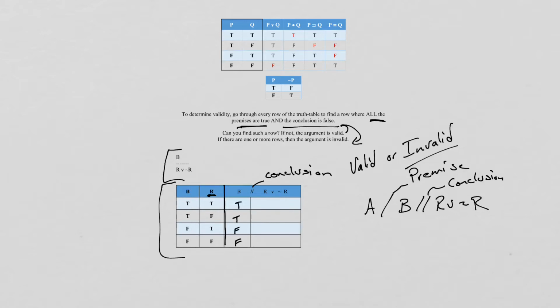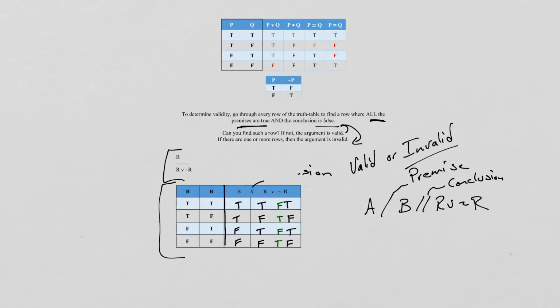And we're also going to copy down R. And I'm going to go ahead and do this one over here as well. Now, next step. We need to take care of the tilde just like we did before. So if R is true with the tilde there, it becomes a false. And of course, if you're wondering where that's from, it's right there.